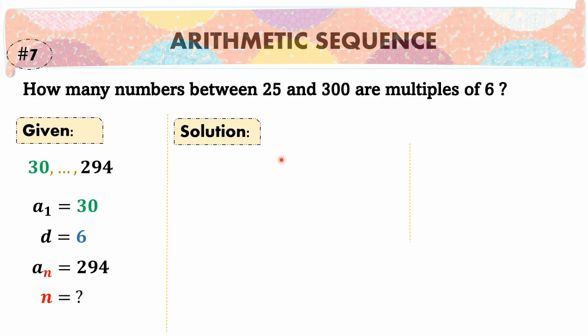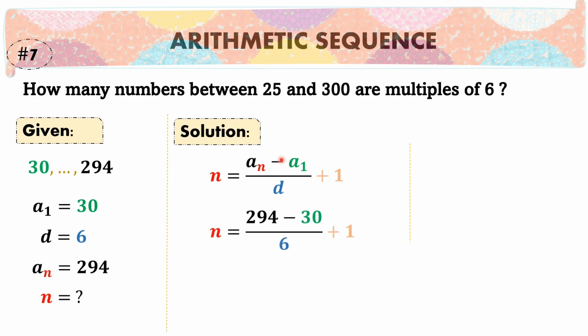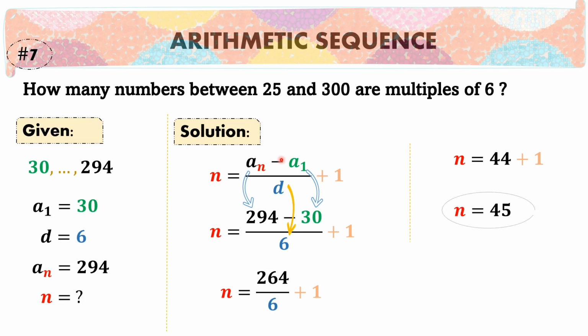What is n? We are looking for the total number of multiples of 6 between 25 and 300. So using the n formula, substituting the given, then performing the operation: 294 minus 30 is 264, divided by 6 is 44, plus 1 is 45.